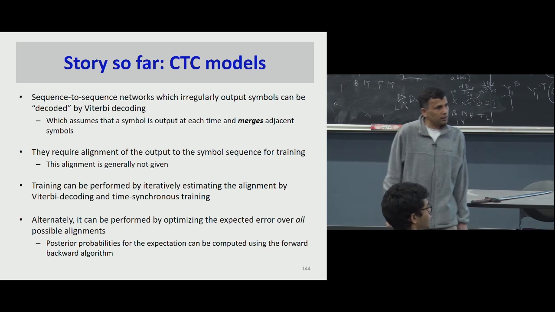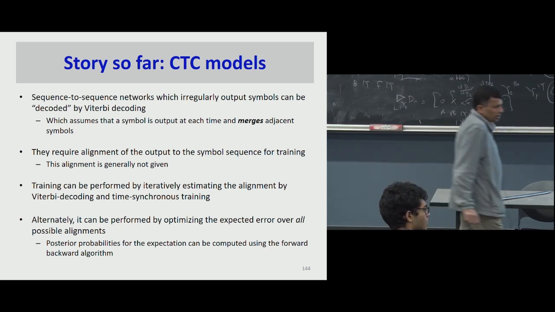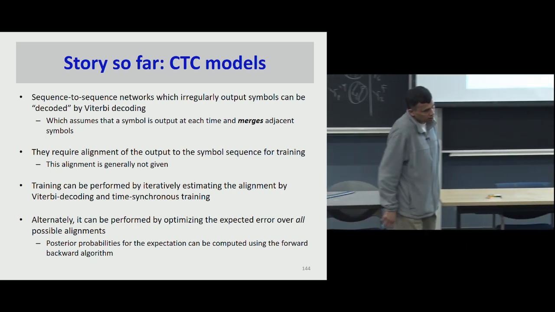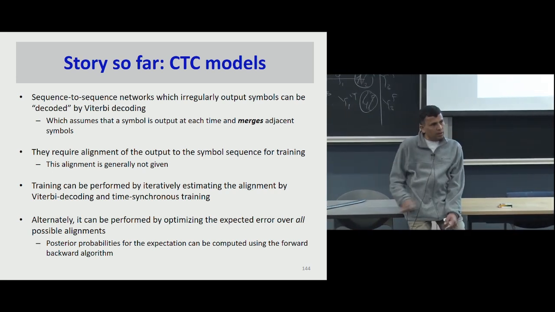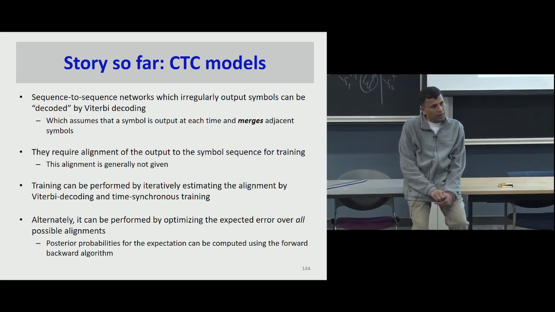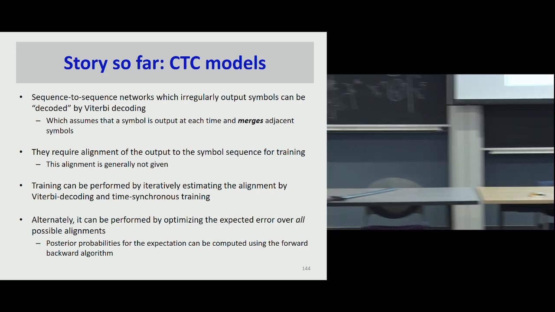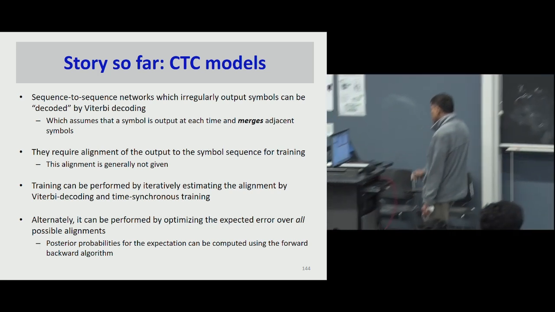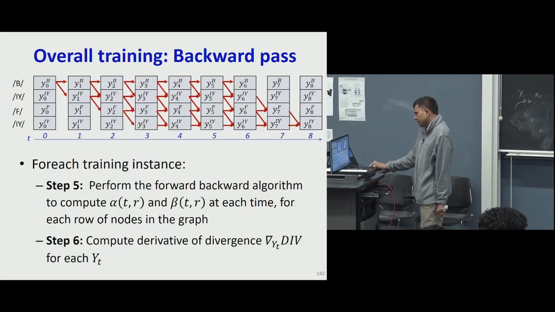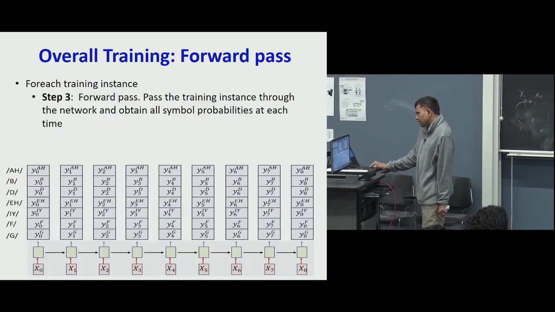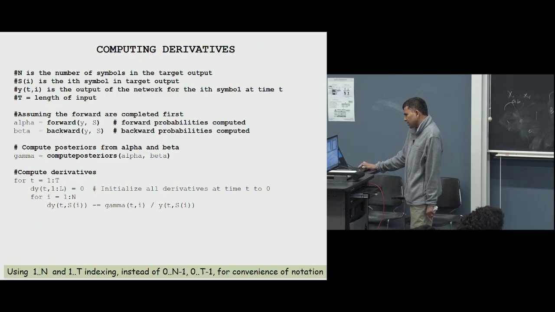Question: for each of those sequences, we need to construct a table for it? Yeah, during training. So the point is, if you look at the pseudocode, it does something interesting. It doesn't explicitly construct the table.